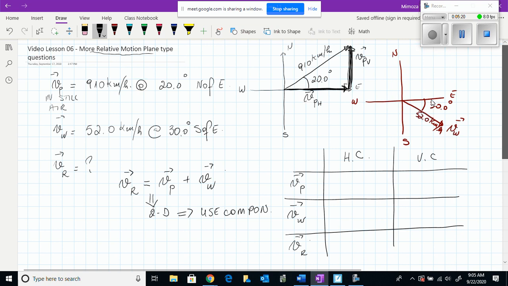The horizontal component will be cosine because it's adjacent. So 910 times cosine 20. Make sure that the calculator is on degrees and the result is positive.